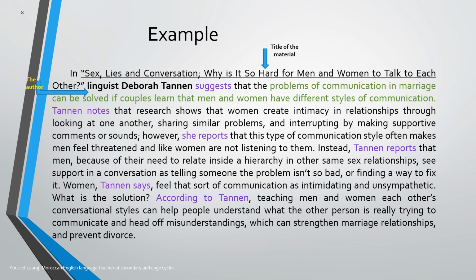Second is the name of the author. And third, we have the main idea. These are the three components you should have in the first sentence of the summary. Then, after that, you give all the important information in the whole essay. All the information works as supporting ideas for the main idea you mentioned before.